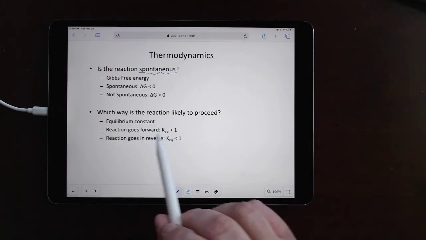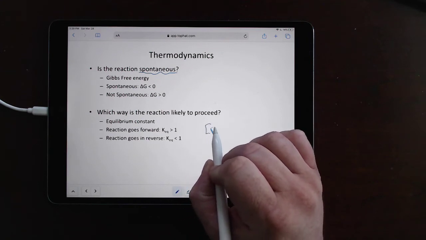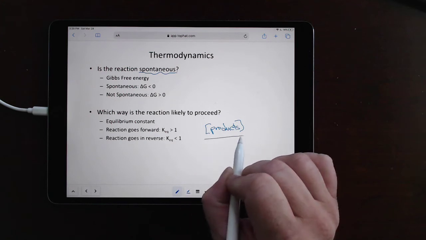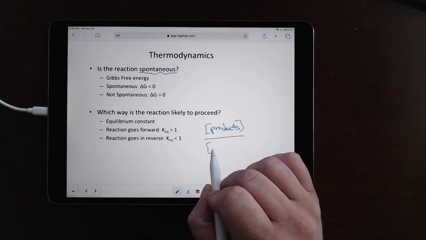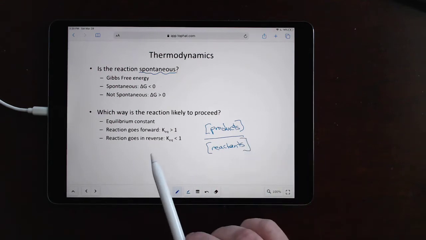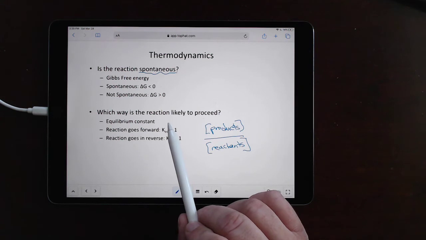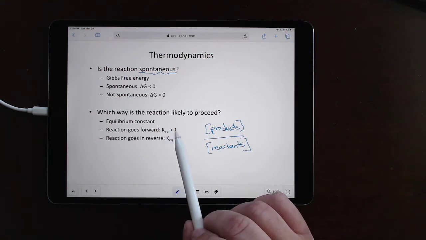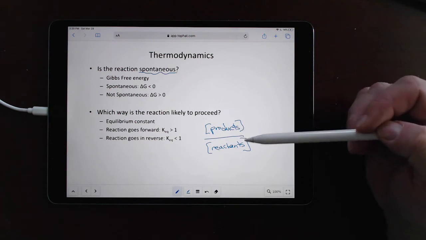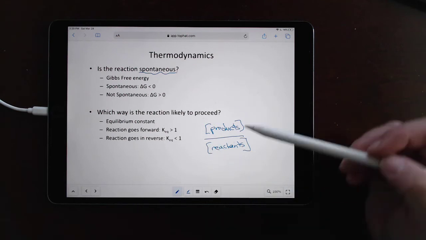Now you can also look at the equilibrium. Remember, it's the concentration of the products divided by the concentrations of the reactants. If the equilibrium constant is greater than 1, that means you have a lot of products and not a whole lot of reactants, so the reaction is proceeding forward.